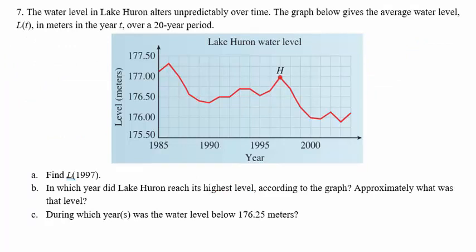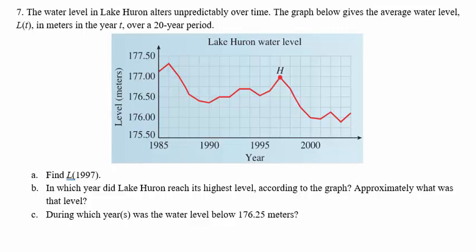Okay, let's skip to number 7. The water level in Lake Huron alters unpredictably over time. The graph below gives the average water level L of T in meters in the year T over a 20-year period. So we're asked to find L of 1997.